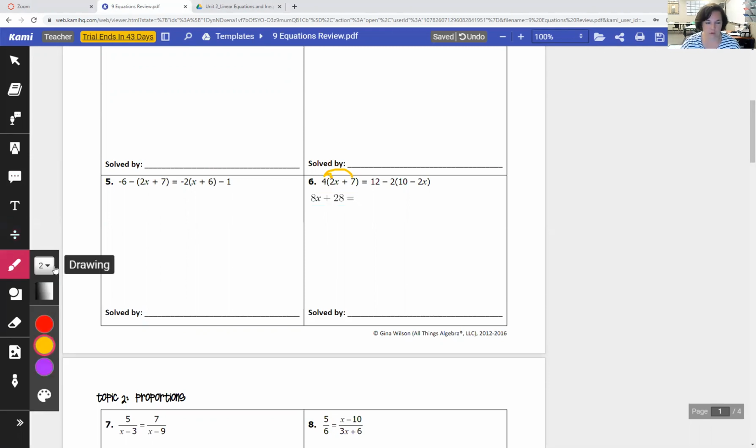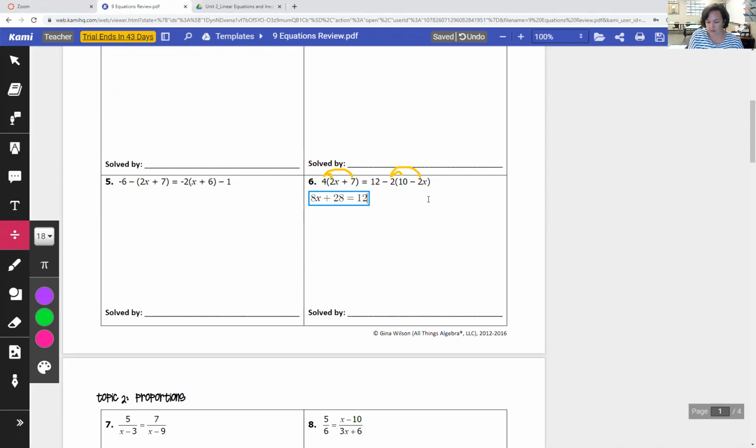Okay. So next, working on the right side, we will distribute -2 through the parentheses. I'm going to bring down the 12 because it is not part of the distribution. And then -2 times 10 is -20, and -2 times -2 is +4.